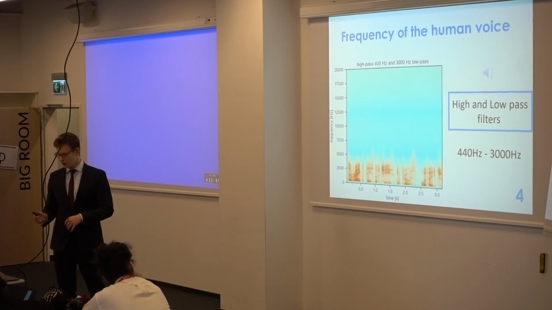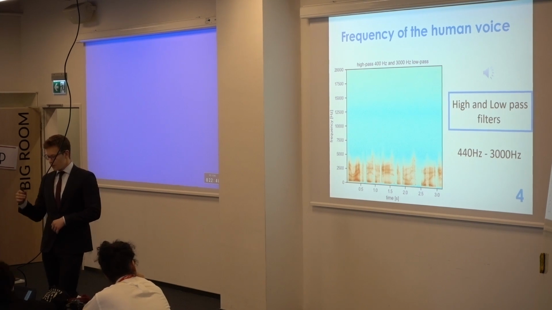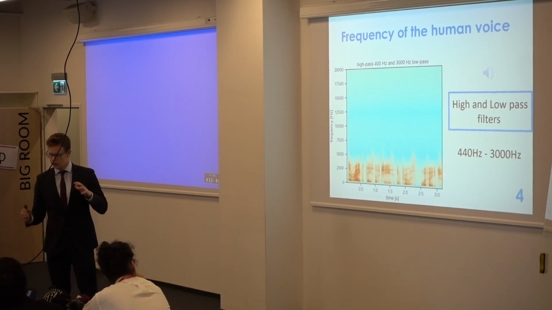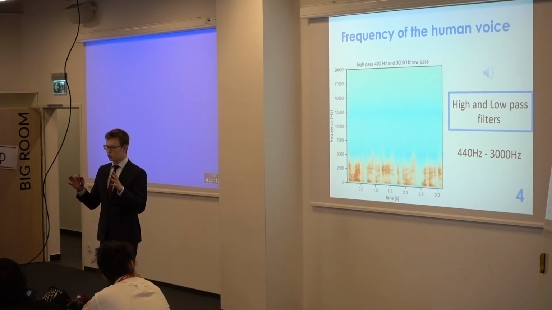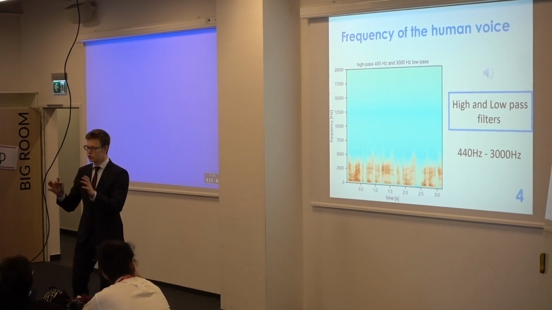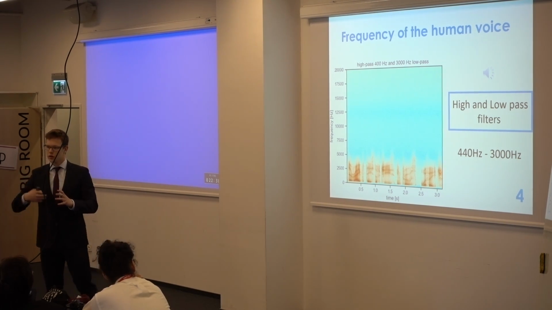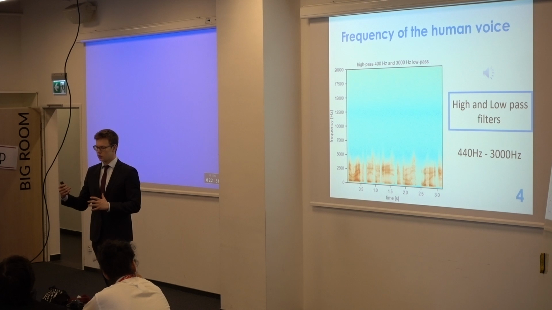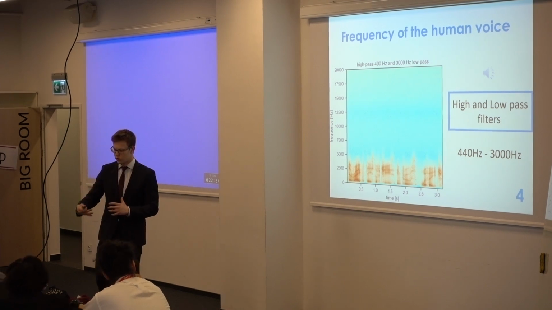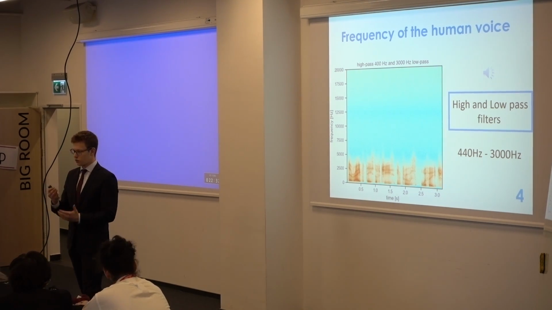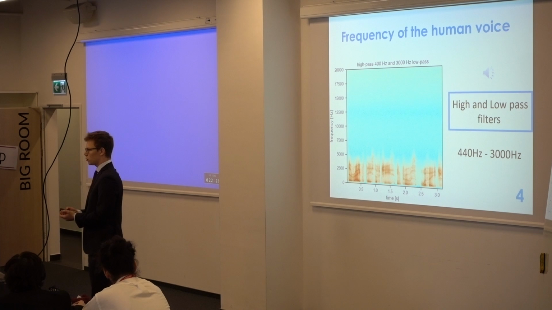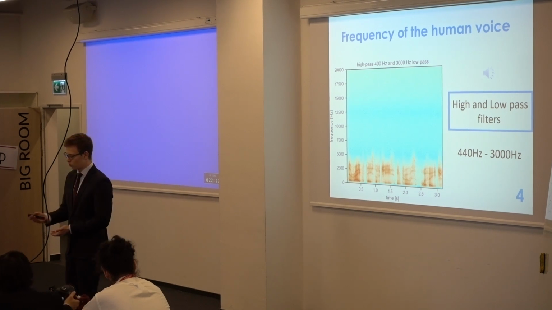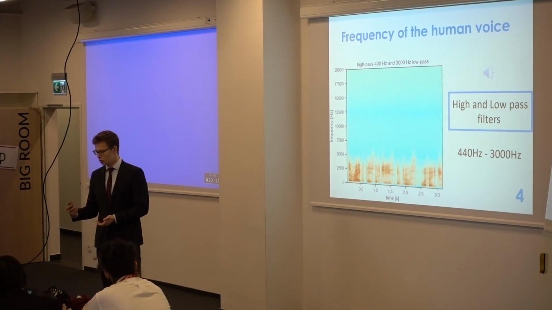We apply high and low pass filters and ended up on a frequency range that was good enough that we could still clearly hear the full sentence and understand the meaning of the words said. Therefore, we stated the frequency of the human voice would be between 440 Hz and 3000 Hz.